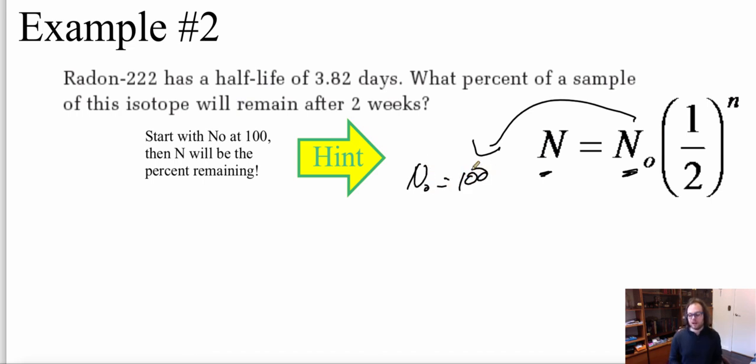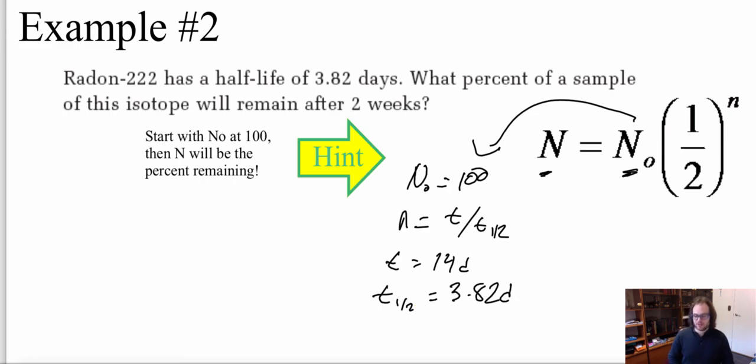Okay? Now, we also know n is equal to my time divided by the time of the half-life. So I have to figure out what the time is and the half-life time, which is given. My time is equal to 14 days, which is 2 weeks, and my half-life is 3.82 days.